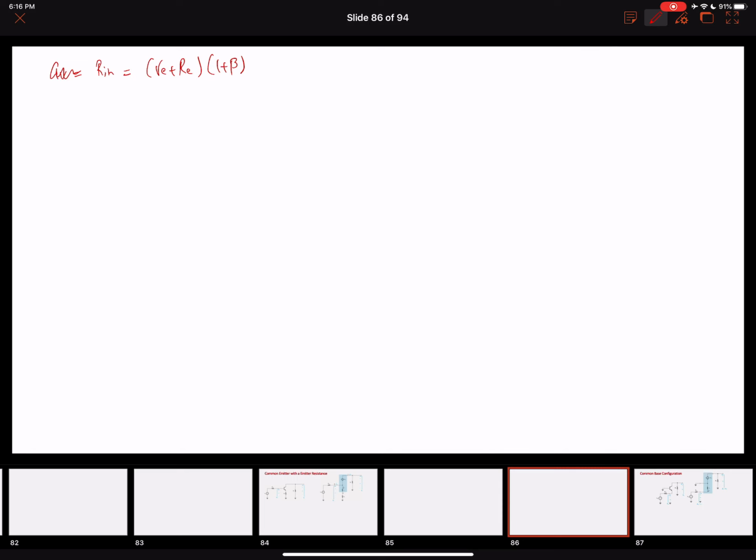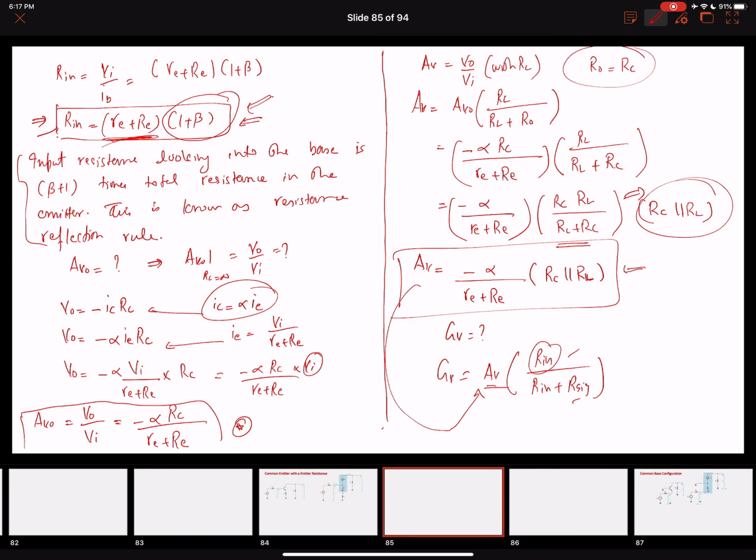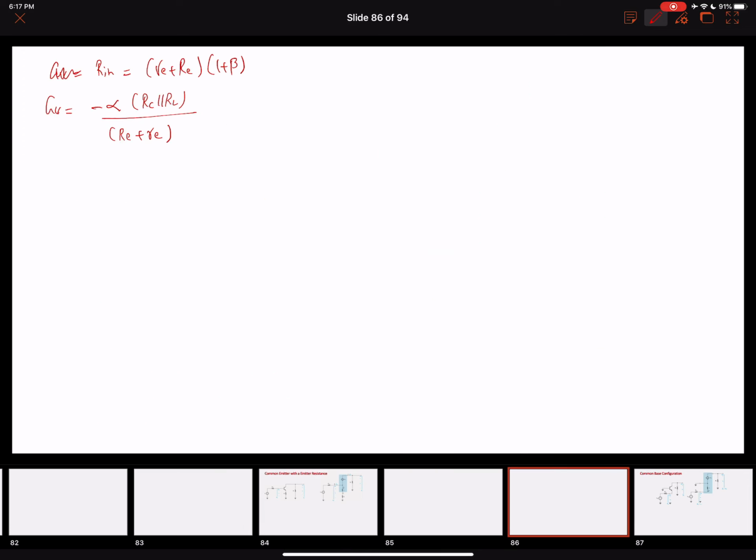So overall voltage gain, GV equals AV. The value of the AV again is minus alpha RC in parallel with RL over RE plus RE. Let me cross check this. Okay, good. And then we have Rin over Rin plus R signal.